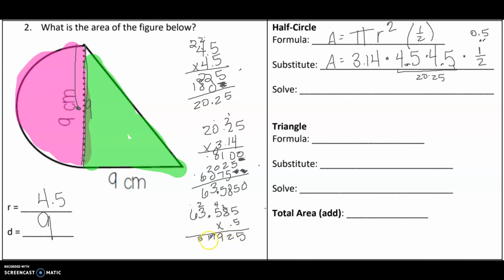So our solution for the half circle is 31.7925.